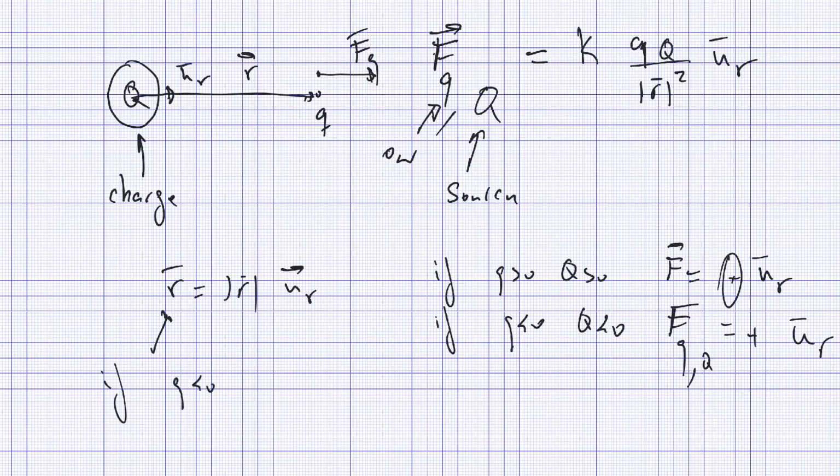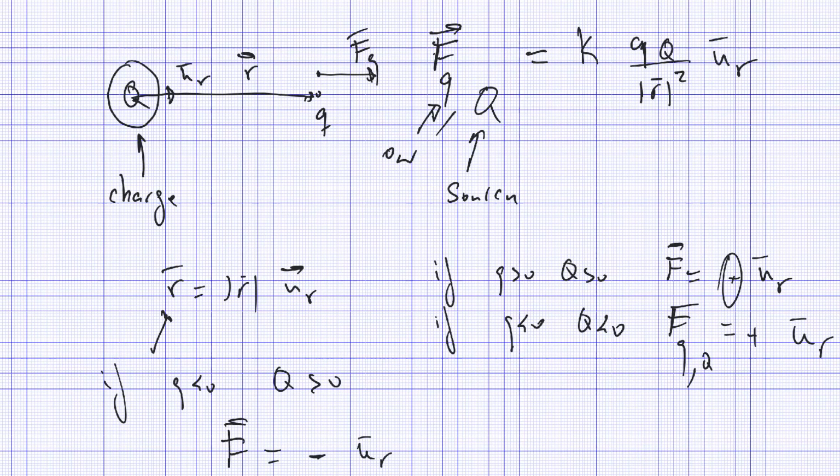What happens if q is negative and Q is positive? So now the force will be proportional, k, to the product of the charges, but the product of the charges will be negative, in the direction of u sub r.